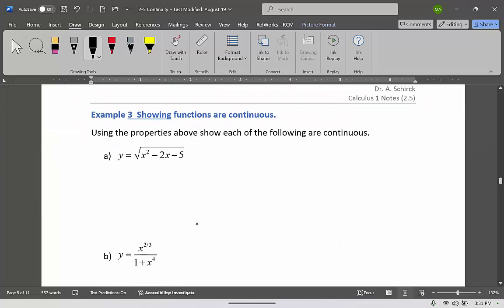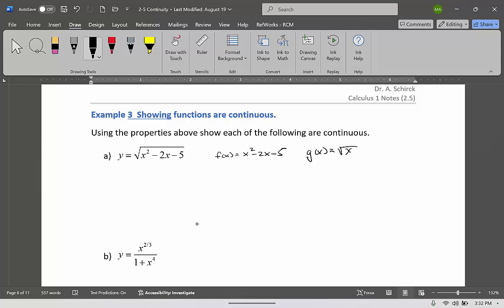So we can actually use the properties here to show that these functions are continuous. So for example, this is actually a composite function with, I'll call it f of x equals this, and g of x is equal to the square root of x.